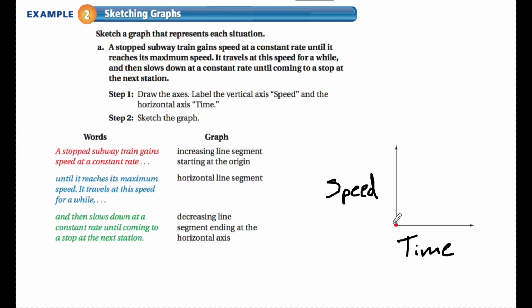It'll be an increasing line segment starting at the origin. So this is going to be constant. So this will be a straight line, a linear section, increasing, and then our next section will be until it reaches its maximum speed. It travels at this speed for a while. So it doesn't increase speed, the speed stays the same. So that is going to be a horizontal line.